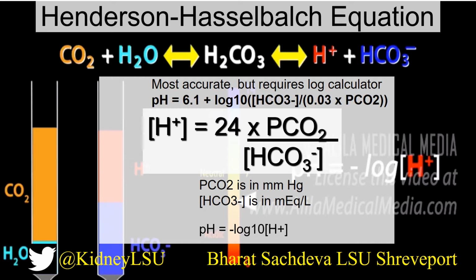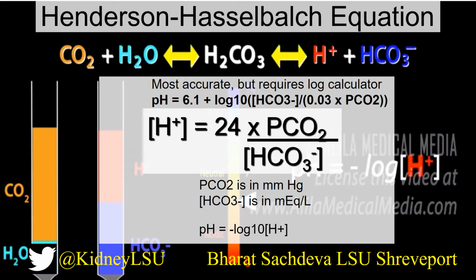So any condition that raises CO2 in the body, namely respiratory acidosis, will raise the hydrogen ion concentration and make you acidemic. On the contrary, any condition that raises the bicarbonate concentration in the body will lower the hydrogen ion concentration and will make you alkalemic.